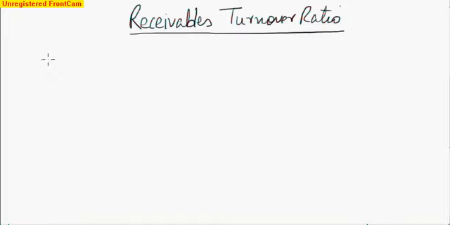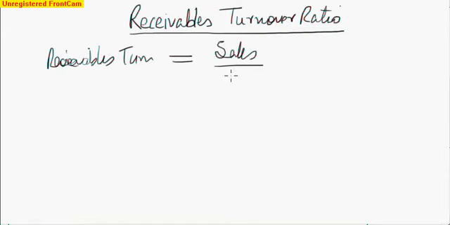Now, receivables turnover ratio is calculated as sales, technically speaking, credit sales, divided by average receivables.